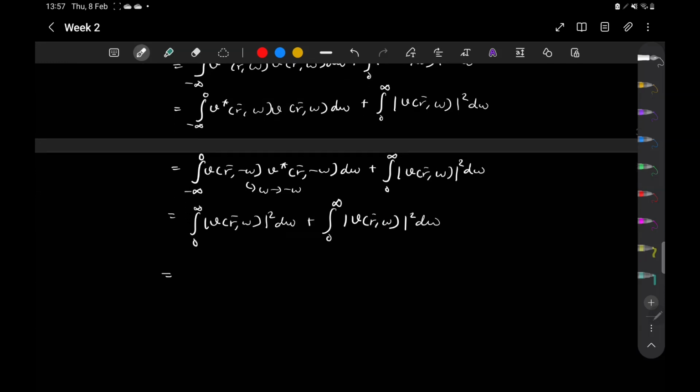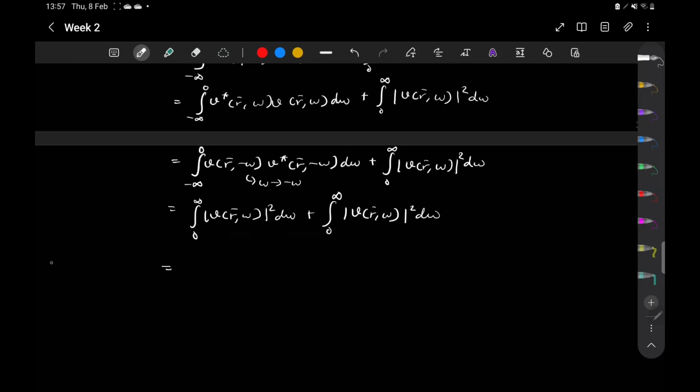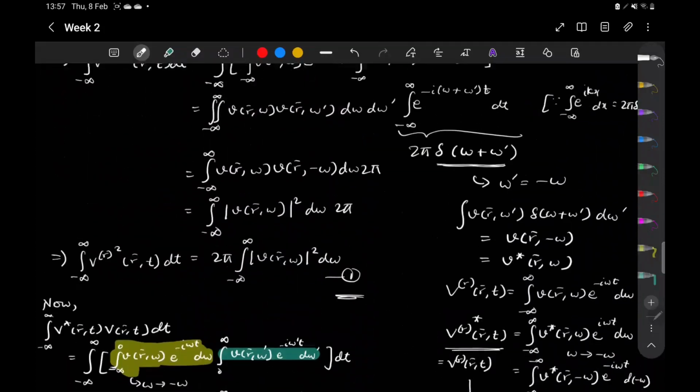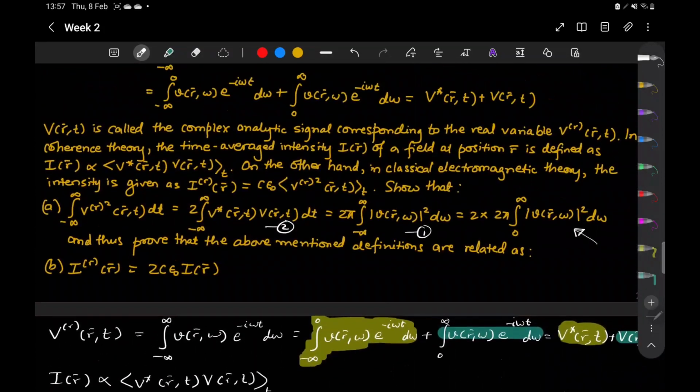Just doing simple algebra. Let me call this equation number 3. So this is actually the third part over here.